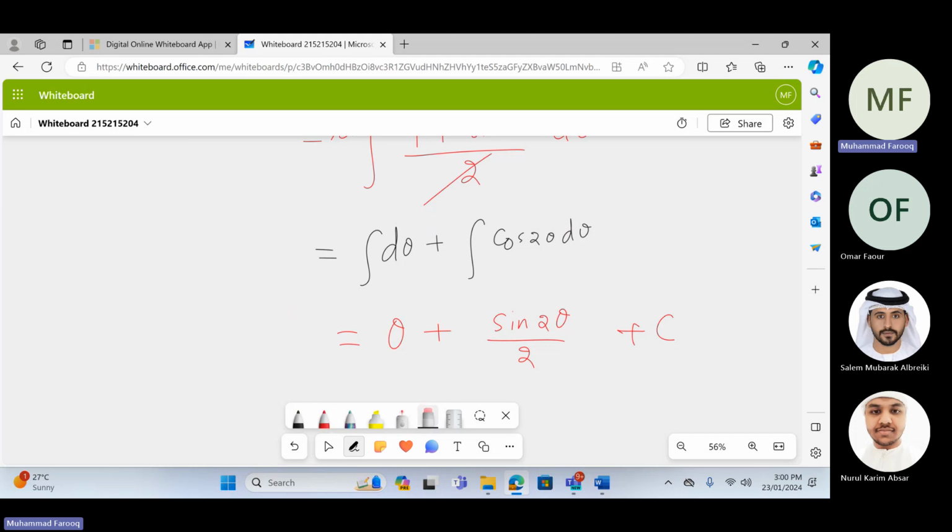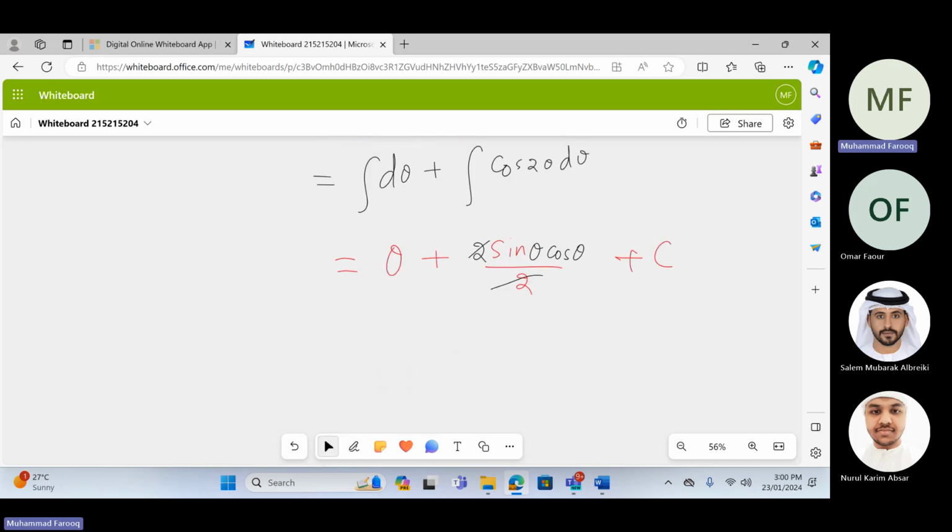Sine 2 theta can be written as 2 times sine theta and cosine theta. Sine 2 theta is basically 2 times sine cosine. This 2 and 2 you can cancel out. Finally, in terms of theta, our answer will be theta plus sine theta cosine theta plus c.